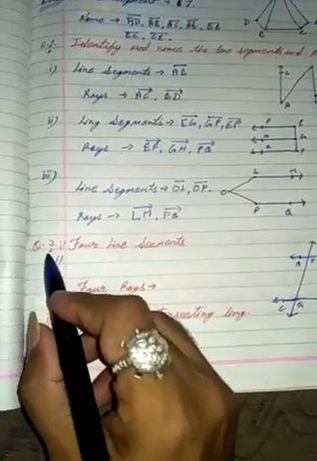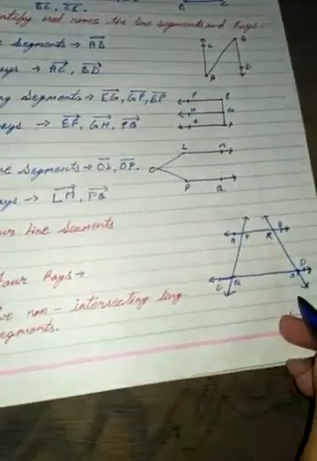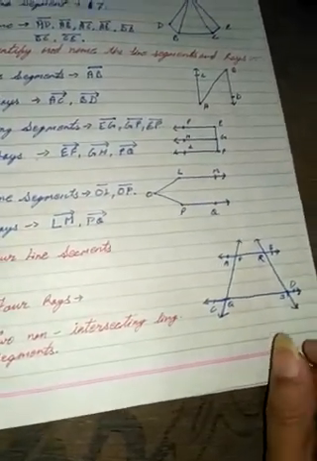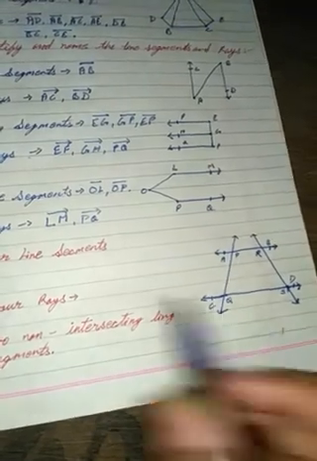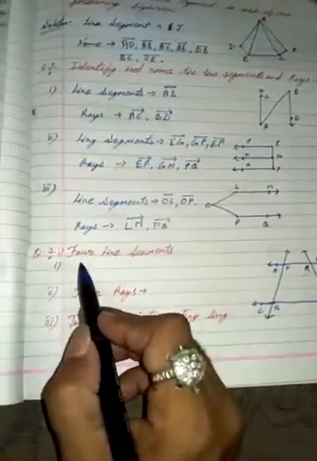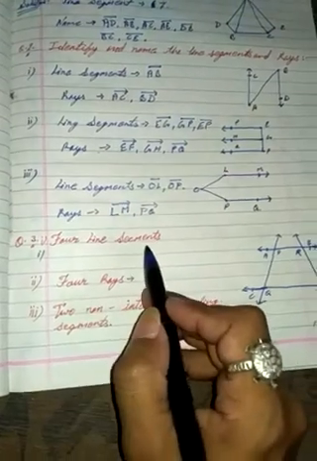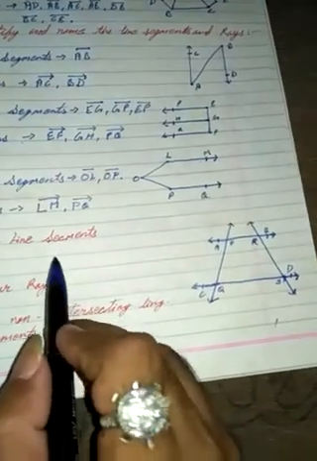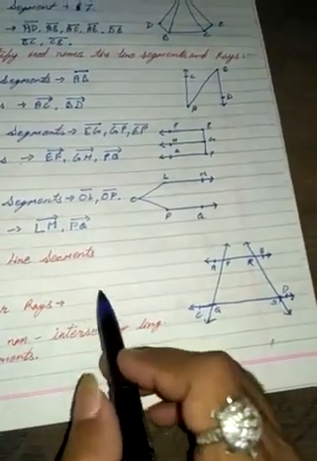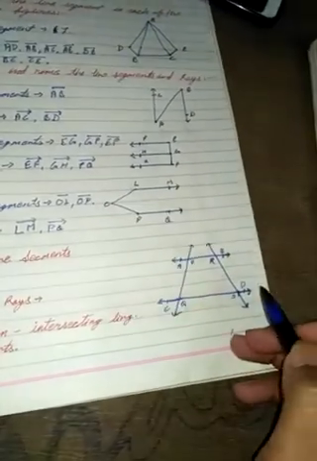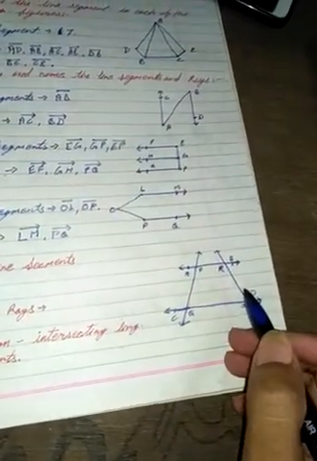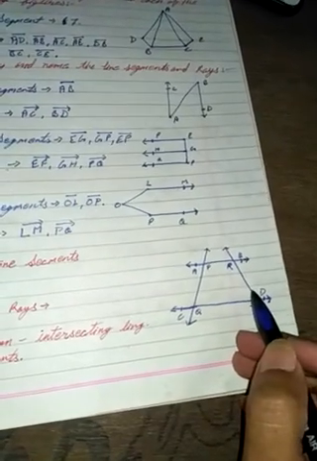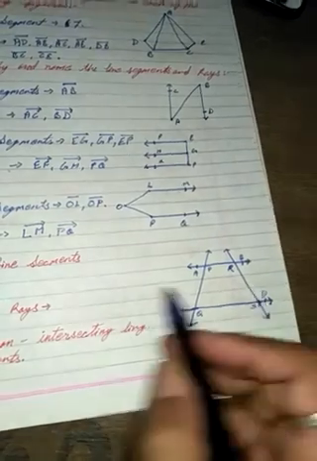Okay. Now take the next question number 3. Now there is a figure. First you draw the figure as given, then the question is 4 line segments. Now we take any 4 line segments. A line segment is a line between two dots. Okay, now write down the line segments.